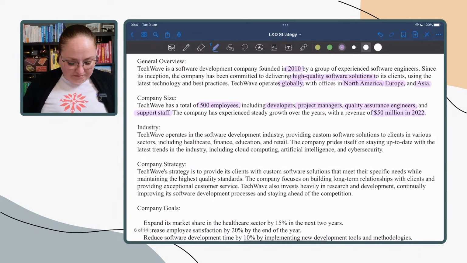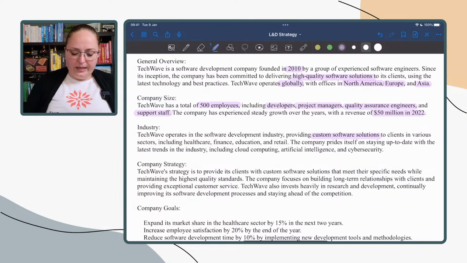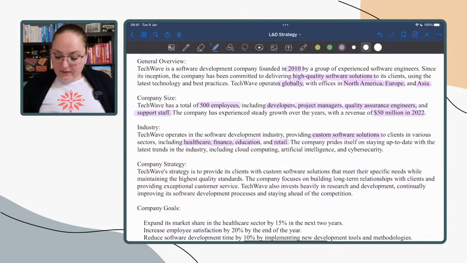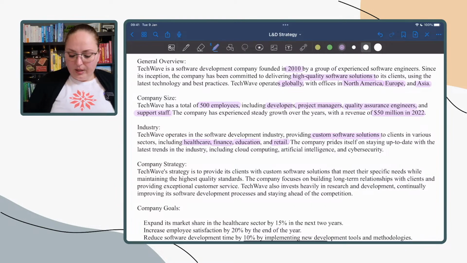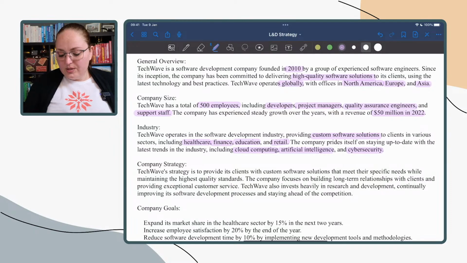The company operates in the software development industry, providing custom software solutions to clients in various sectors, including healthcare, finance, education, and retail. The company prides itself on staying up to date with the latest trends, including cloud computing, artificial intelligence, and cybersecurity. Very interesting.